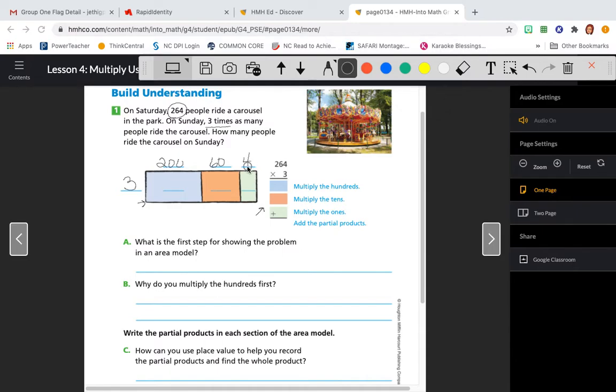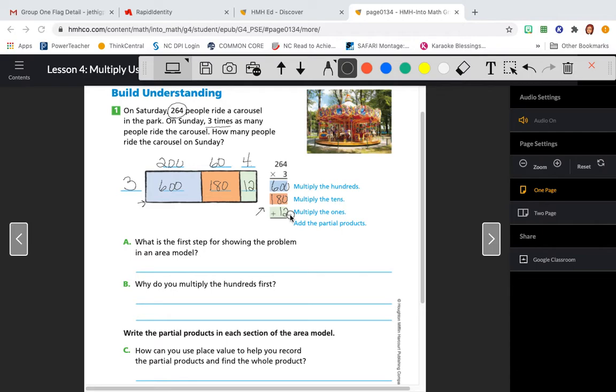Okay, then we're going to multiply. 3 times 200 is 600. So we're going to bring 600 over here in the purple box. Then 3 times 60 is 180. So write that in the orange box. And then 3 times 4 is 12. That goes in the green box.